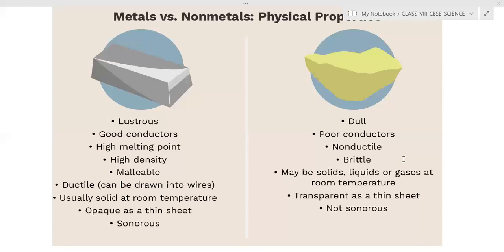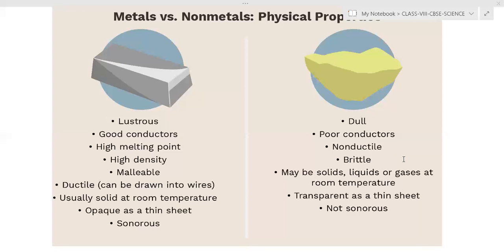Use the reactivity series to check if a metal displaces another metal from its salt solution. If we look at the reactivity table, magnesium metal is more reactive than zinc, iron, and copper. Hence, magnesium metal can displace zinc, iron, and copper metals from the salt solution.